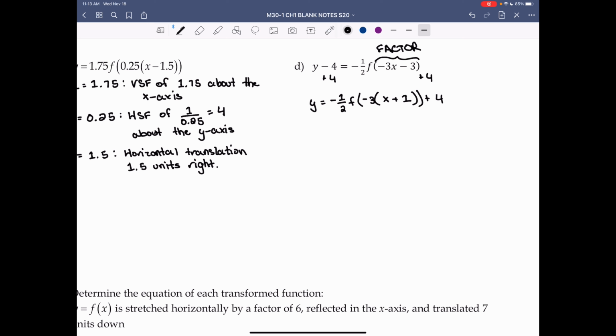So our a value is negative 1/2, which is a vertical stretch factor of 1/2 about the x-axis, and also it's negative, so it's also a reflection across the x-axis.